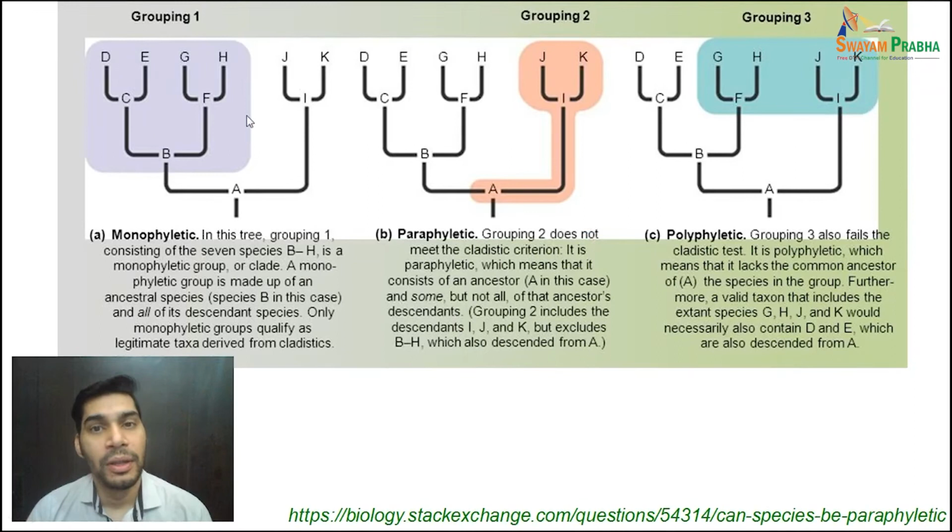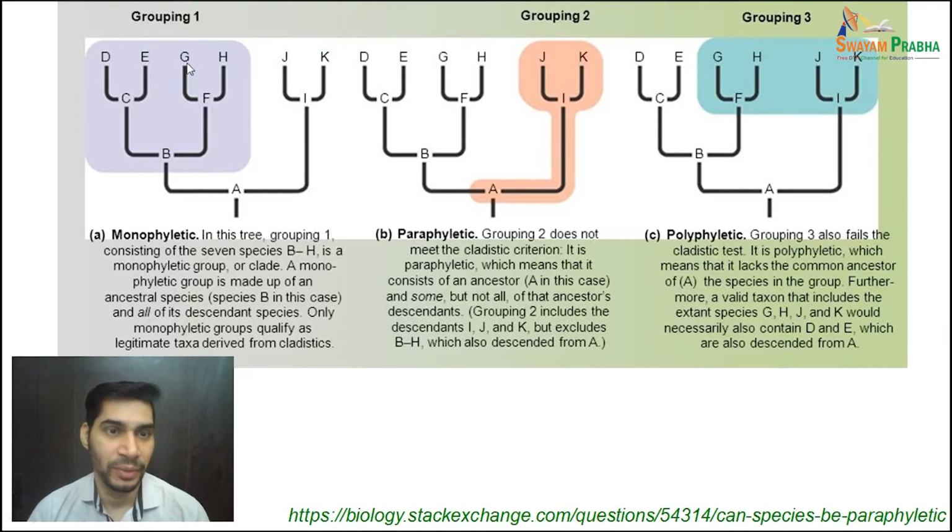Now within a tree there can be three types of relationships. One is called monophyletic, another one is called paraphyletic, and yet another one is called polyphyletic. Let us discuss what these are. In this same tree which is being shown here, this is one type of grouping.